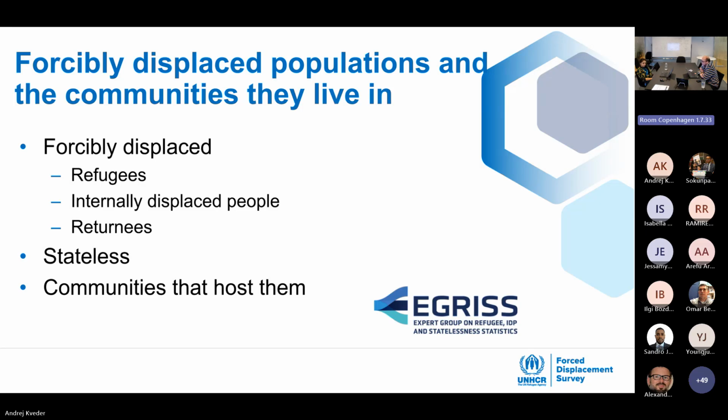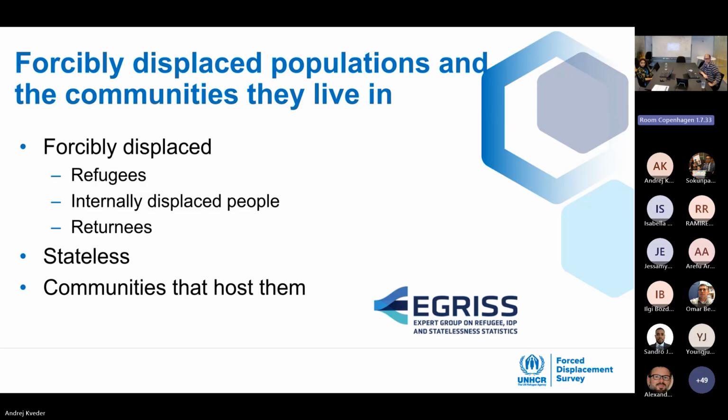Of course, forcibly displaced populations also cover internally displaced people, which the FDS is geared to also measure, although it has not been applied to them yet. It also captures returnees, both refugees and internally displaced people. Some samples of returnees have also been featured in the current forcibly displaced surveys in terms of experimental design.